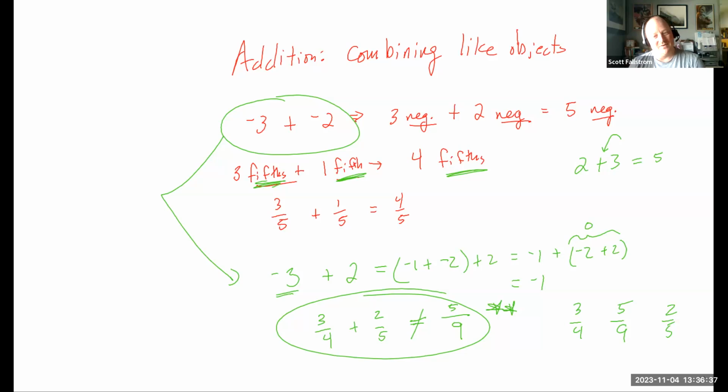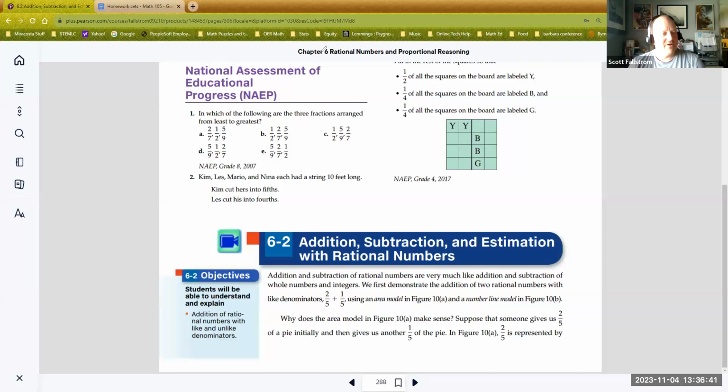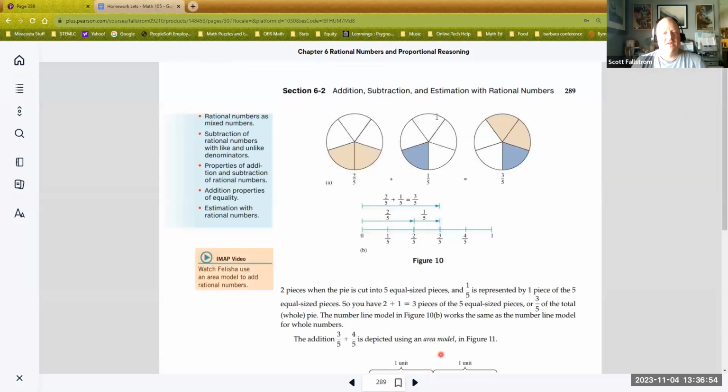That's the first little piece I want to talk about. That's the concept. We want things to be like objects. If we have like objects, things are going to be quicker. They're going to show a couple different approaches, 2 different models, a number line model and an area model, and each one has its own differences. The first one they do with circles, not a fan personally, and I mentioned that before. There's nothing wrong with it.